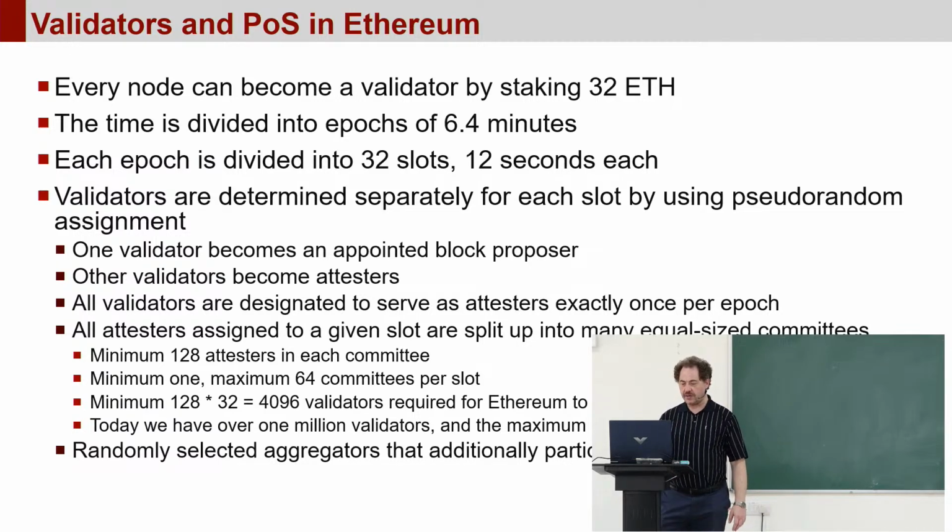And the way it's done is again using a pseudo-random assignment. One validator becomes an appointed block proposer, while the other validators for a given slot become attesters, so they verify the correctness of the proposal. And the assignment is such that all validators are designated to serve as attesters exactly once per epoch, not per slot, per epoch.